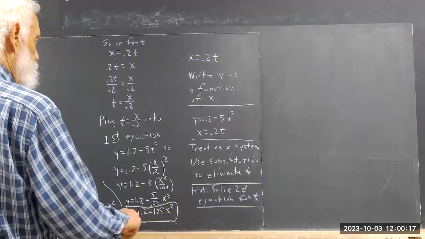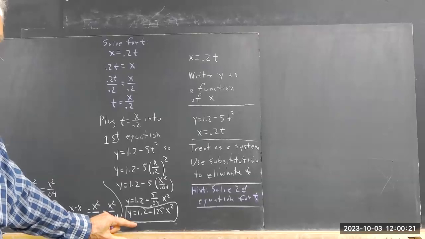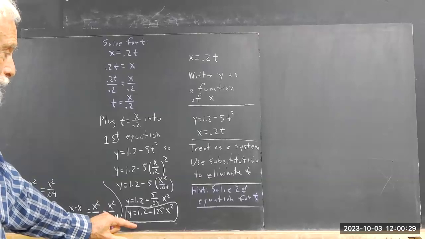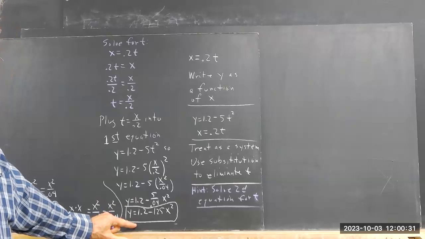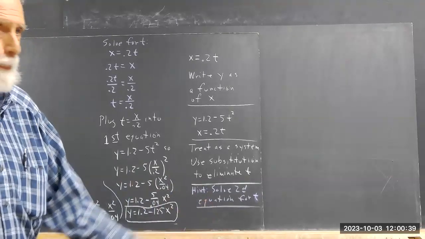And notice that when I saw this, it was my physics intuition that kicked in, and I didn't believe it. And I had to convince myself that that was reasonable. You always want to try to convince yourself that the result is reasonable. Now, in this case, you wouldn't be able to do that because you don't know what the physics is.